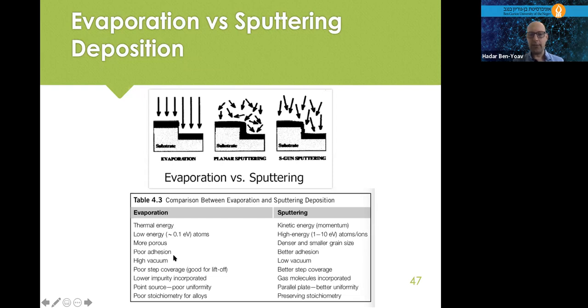There's poor adhesion for gold or the metals versus better adhesion, and basically we have poor step coverage with evaporation compared to sputtering. Okay, so these were the main physical ways to deposit metals on the surface of the substrate.